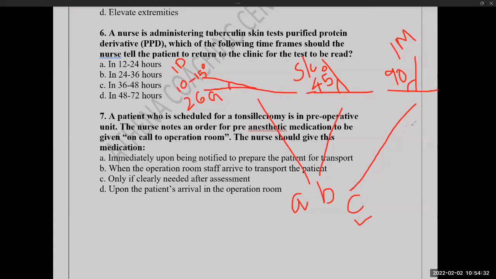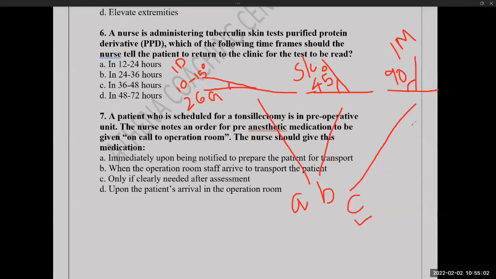Sub-Q. Mumps vaccine. Mumps. You can select either A, B or C. It's again sub-Q. So the answer is B.